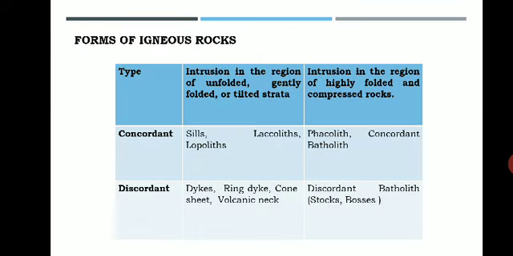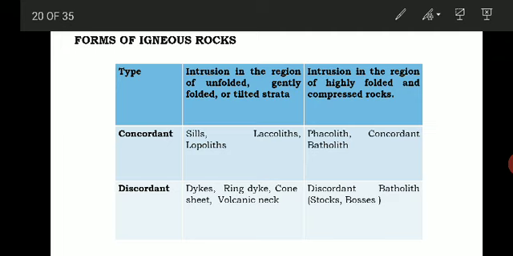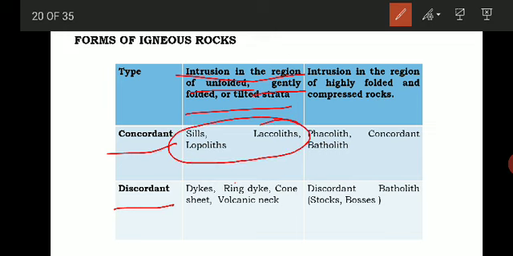So we have discussed till now the different forms of igneous rock. We discussed what is meant by concordant and what is meant by discordant. So there are two categories you can clearly understand now. The intrusion in the region of unfolded or gently folded or tilted strata: here the rocks in which the magma is intruding are less folded or not folded.